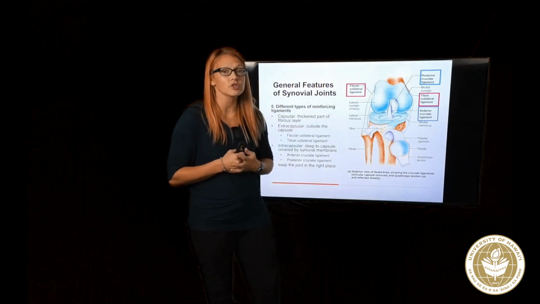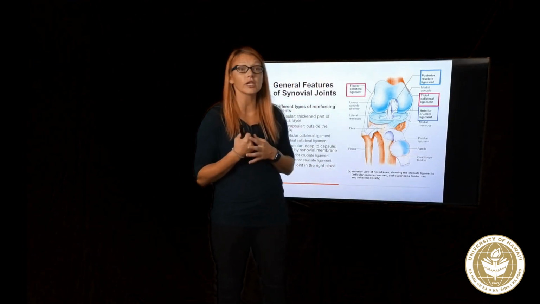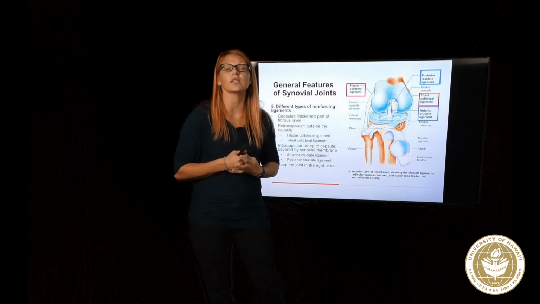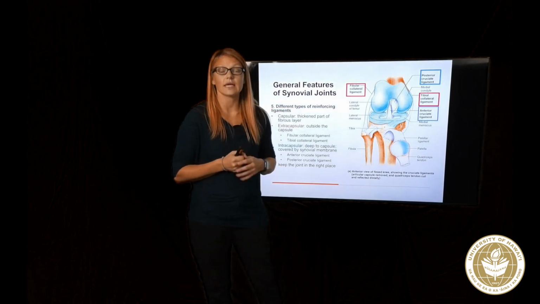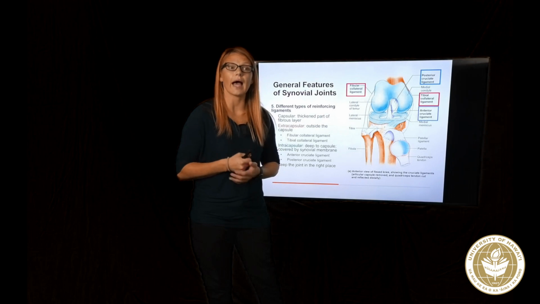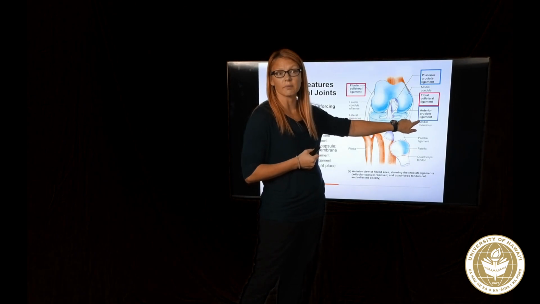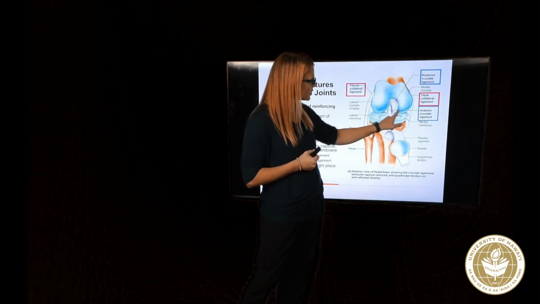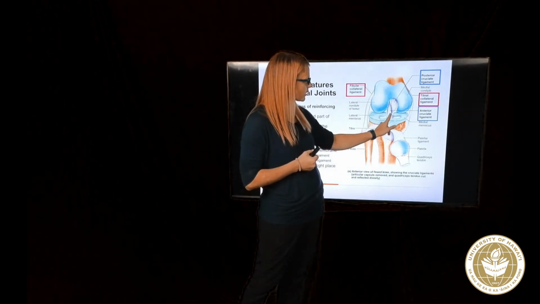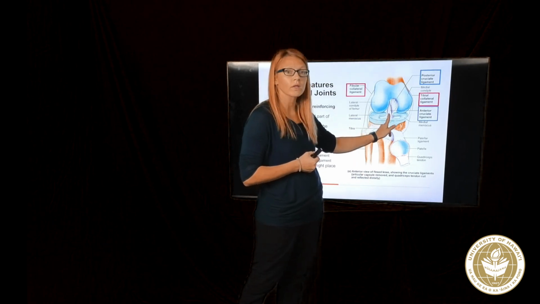So we have our extracapsular. The extracapsular is going to have the collateral ligaments. And then the intracapsular has the anterior cruciate ligament. So the ACL, you've probably heard of somebody that's torn their ACL before. So that's going to be right here, this anterior cruciate ligament.